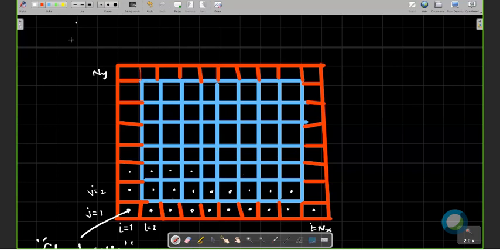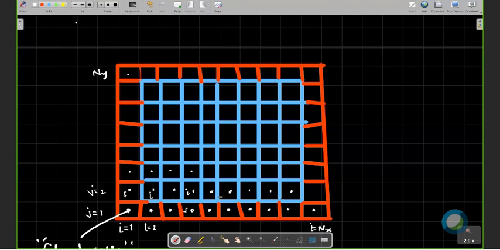Now we can designate the face by F and the interior by I.